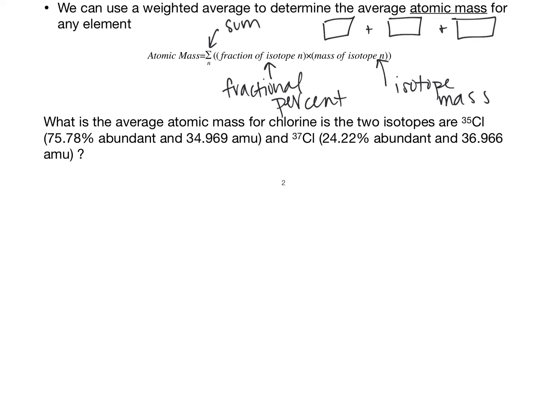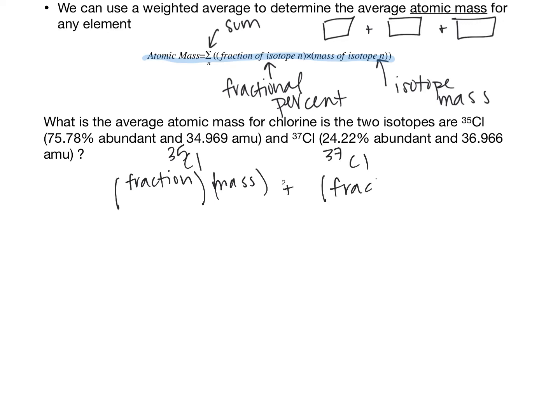If we use the equation that you can see up here highlighted in blue, we're going to write this out. We take the fraction multiplied by the mass for chlorine 35, and then add together chlorine 37's fraction times mass. We get these numbers directly from the problem.